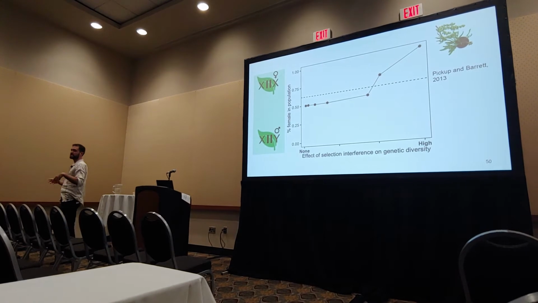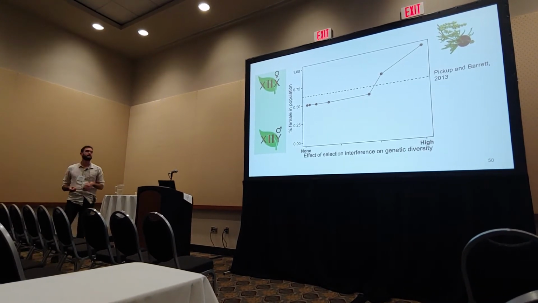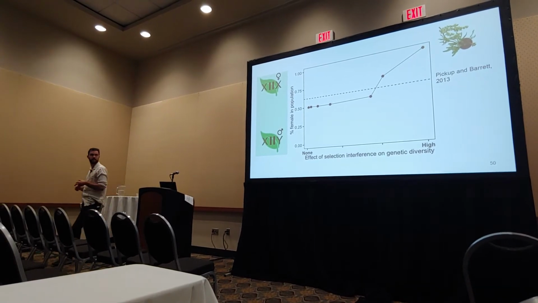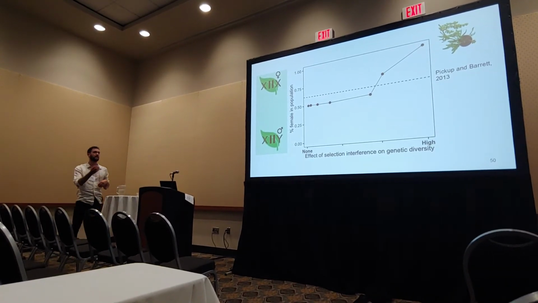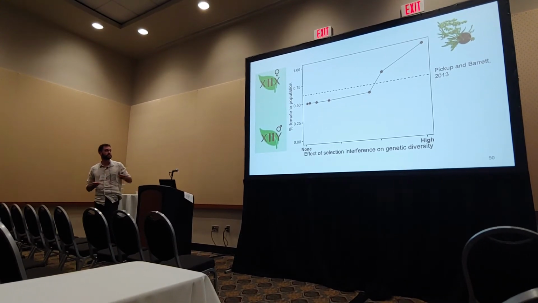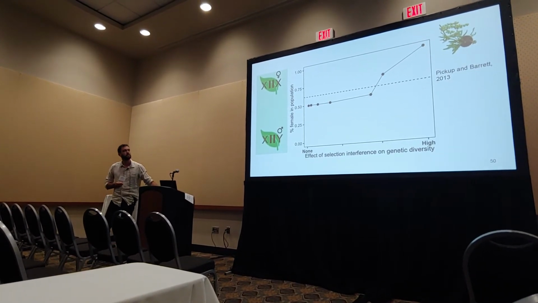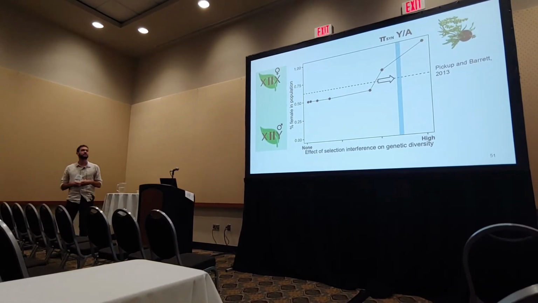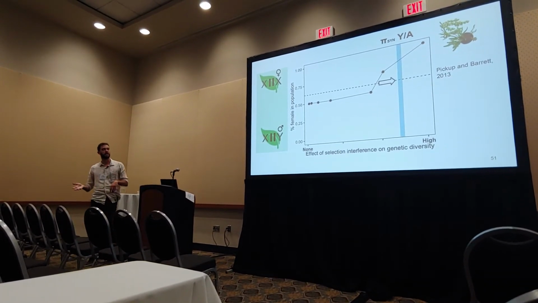Now what we can do is actually take our empirical estimate of the sex ratio bias in Rumex stenophyllus by Melinda Pickup and Spencer Barrett. And what they estimated was about 60% female biased. And then we can look at the genetic diversity that we see on the Y compared to the autosome.